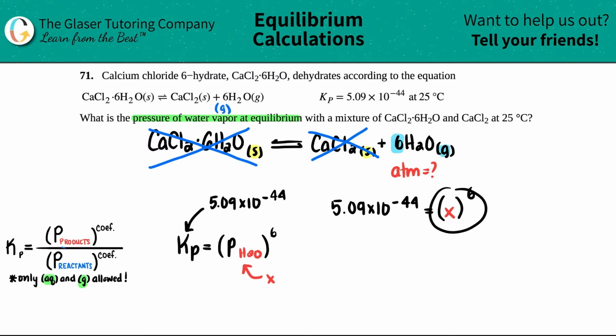Now, how are we going to get X by itself? Well, usually when there's a 2 here, I'm squaring it, so the opposite of squaring is the square root. So in this case, since I have a 6 here, I would be able to do the 6th root.